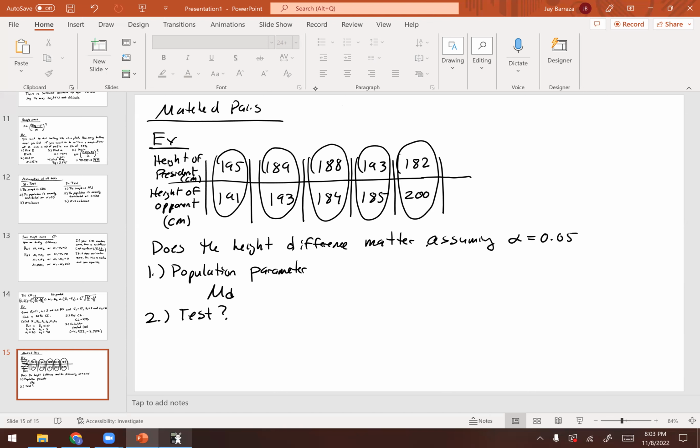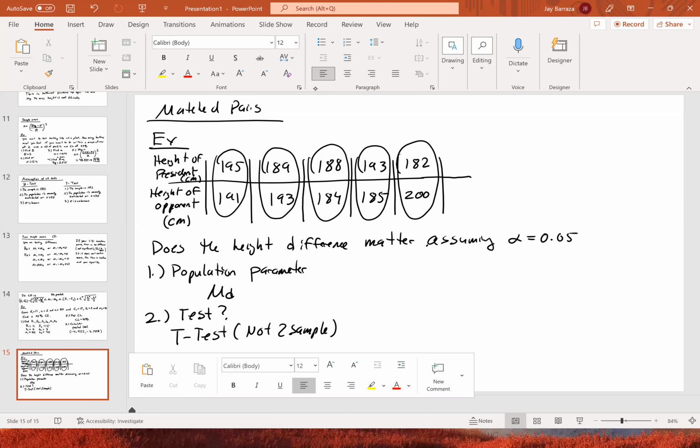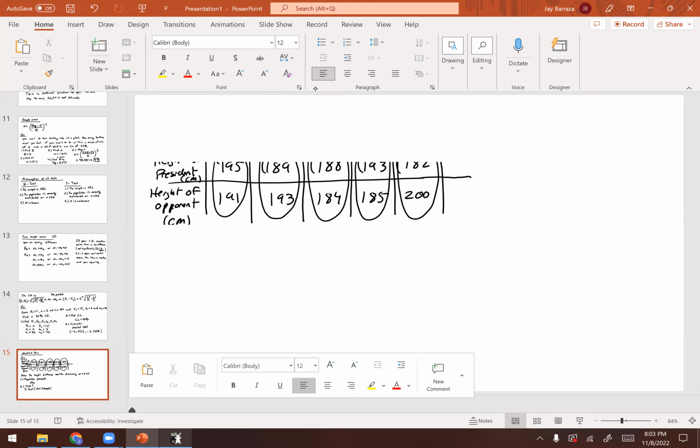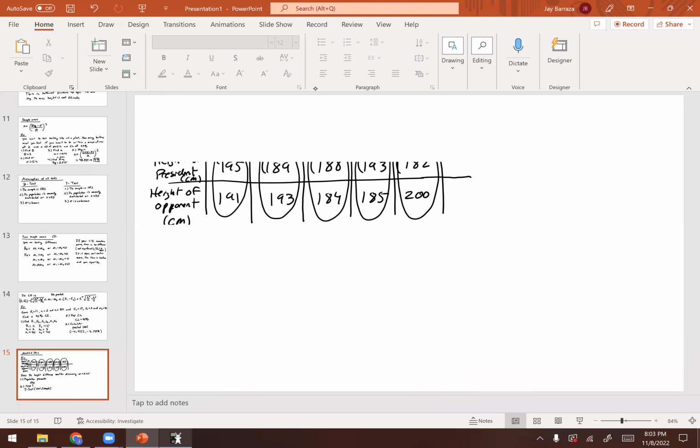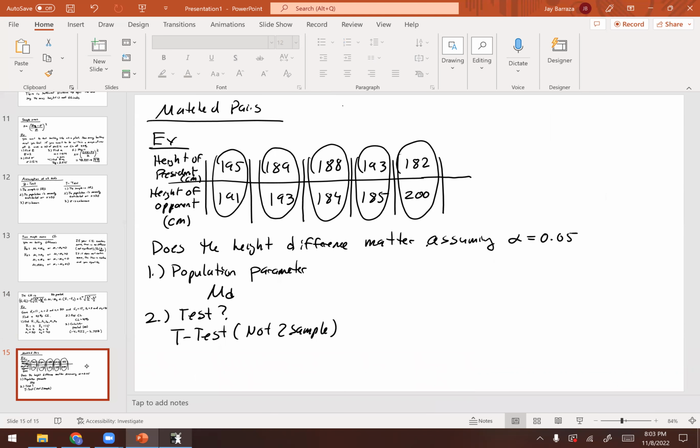Well, this is not a two sample test. This is a t-test, not two sample. So make sure you don't use two sample on the exam.